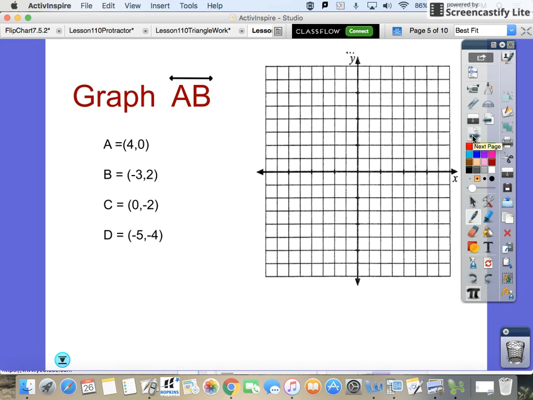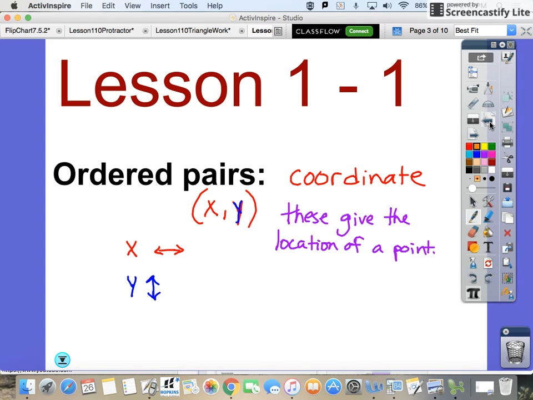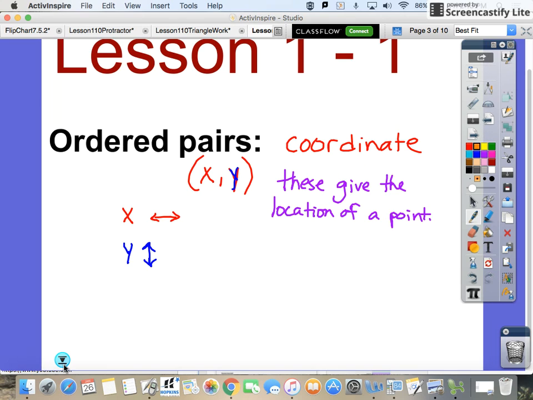So there's a couple things, and where I might actually have you put this is on the front page. There's 3 symbols that we're going to learn about, and they mean 3 different things. So the first thing is we've got AB, like you just saw, and it has this on top. When it looks like this, it means line AB.